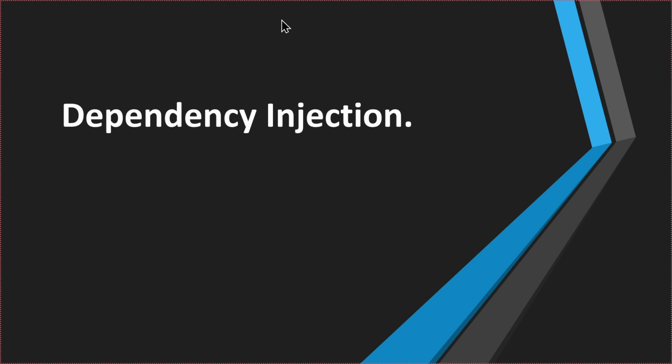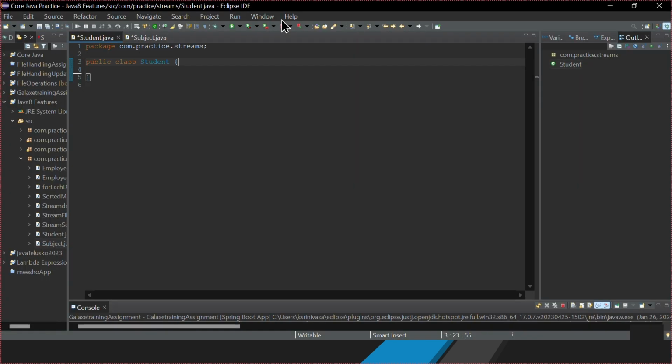We'll go to our Eclipse and see what this Java Bean is. So we have this basic Student class. We will define some properties such as name, the name of the student, and the age of the student, int age.